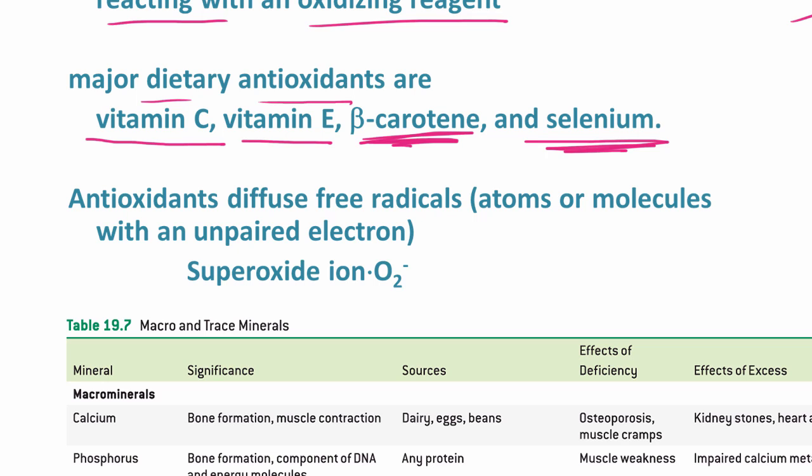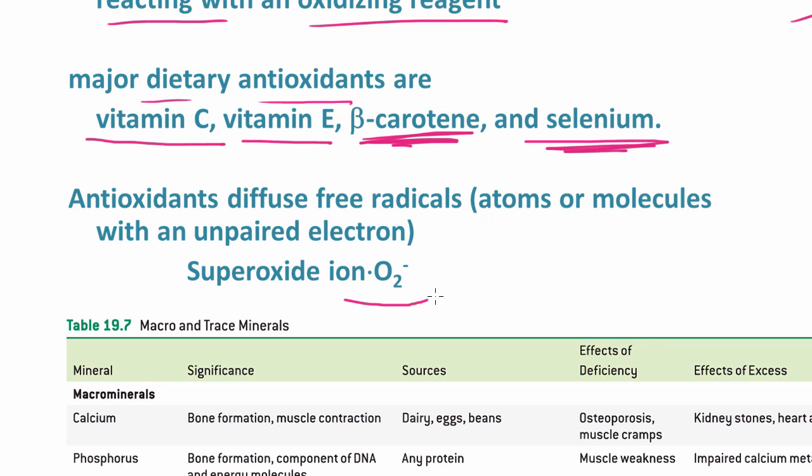So in order to gain stability, what they do is they pick up electrons from other molecules, which obviously causes a lot of damage. So for example, vitamin E will give up hydrogen from an OH to oxygen containing free radicals. And then the hydrogen is restored by a reaction with another antioxidant, vitamin C.